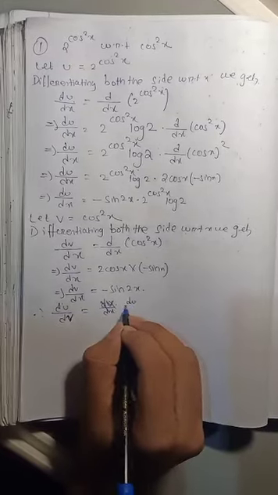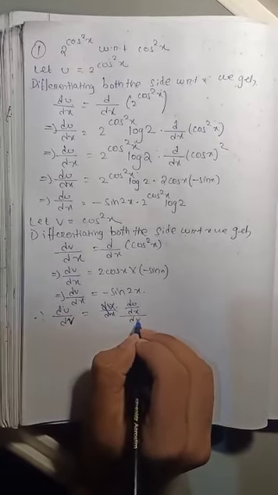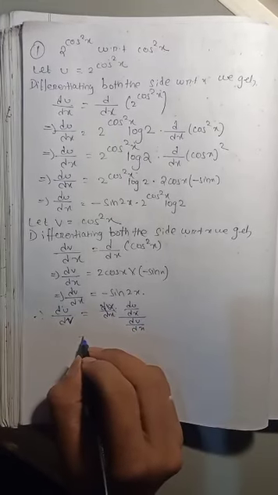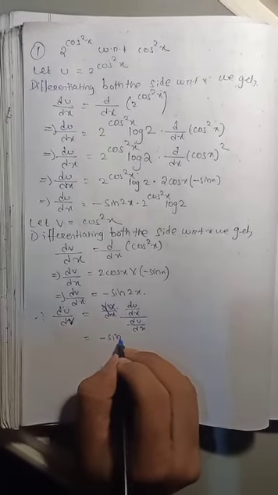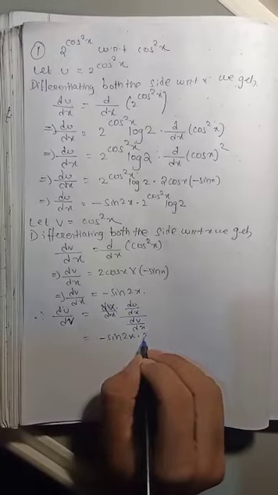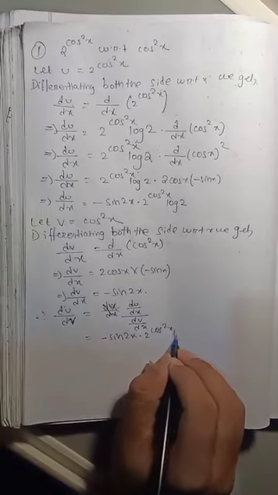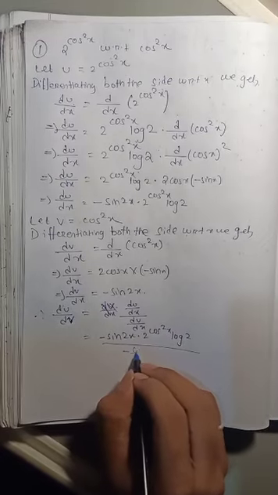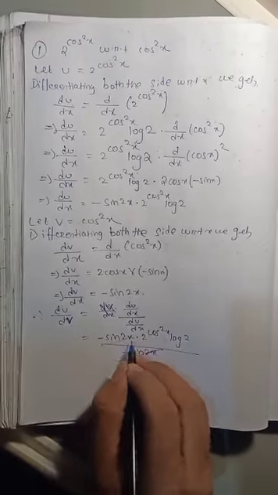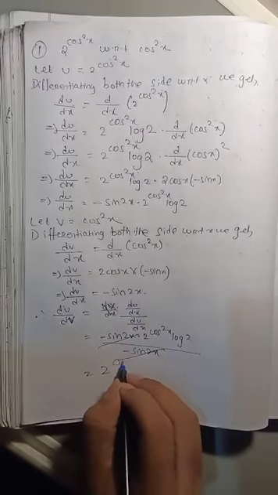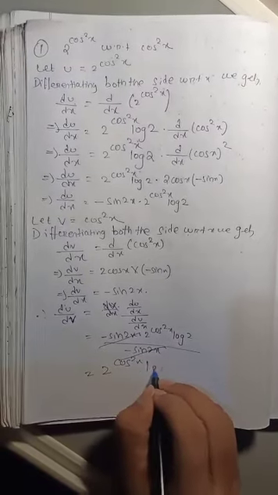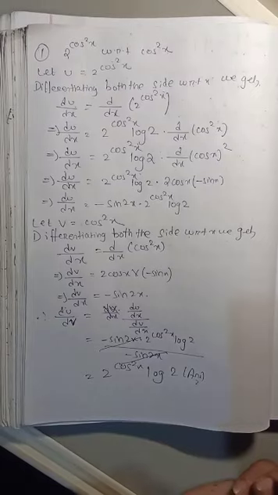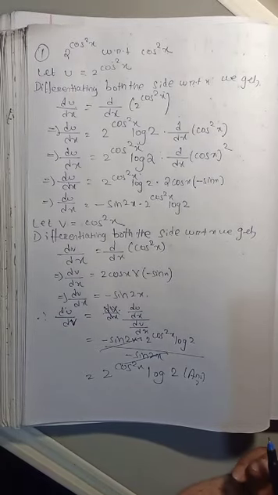Here du by dx is minus sin 2x into 2 to the power cos square x log 2, divided by minus sin 2x. Minus sin 2x and minus sin 2x cancel. Here 2 to the power cos square x log 2 is your final answer. Okay, write it down.